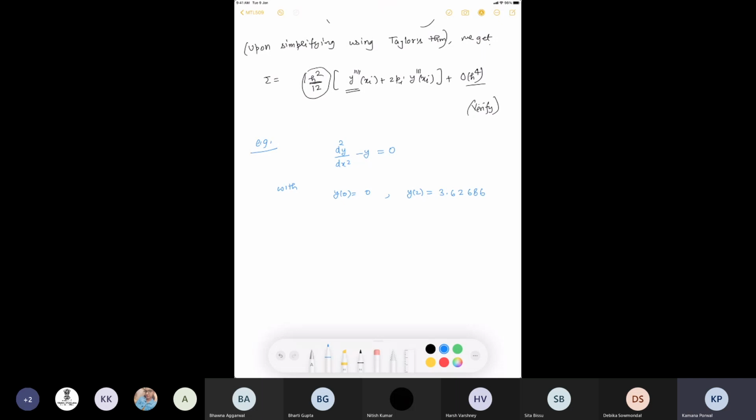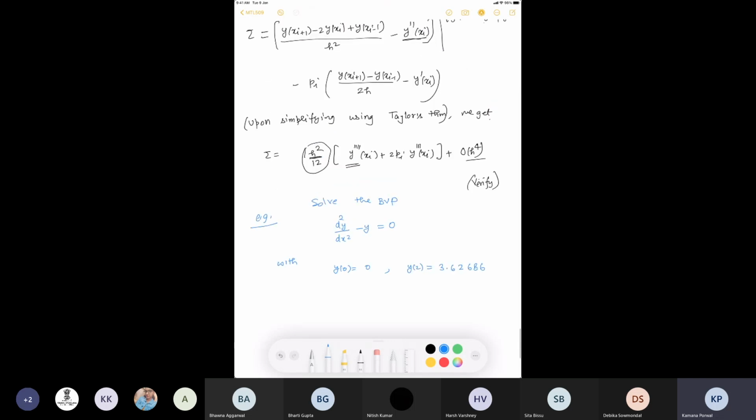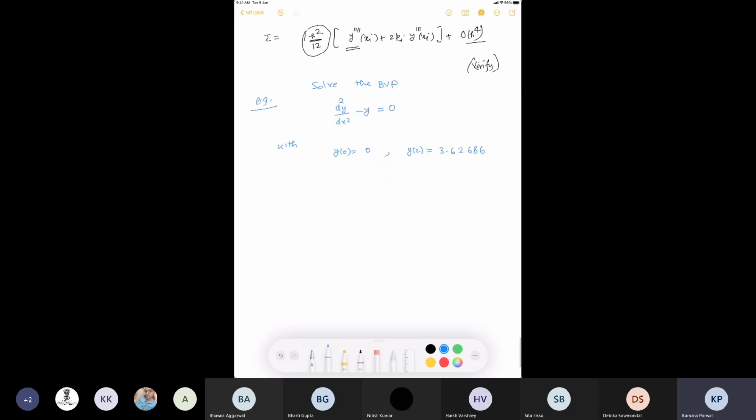So you have to solve this boundary value problem using the finite difference method, since I've just discussed one method, it is understood what we have to use.